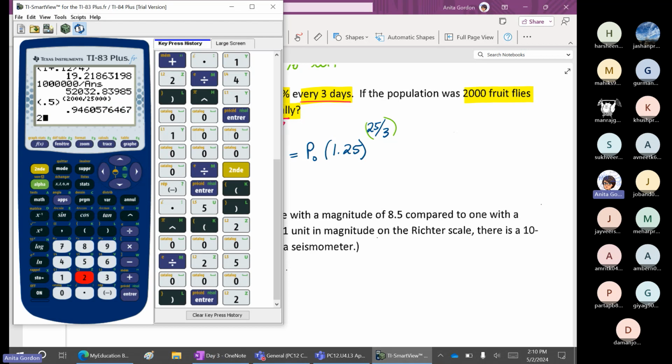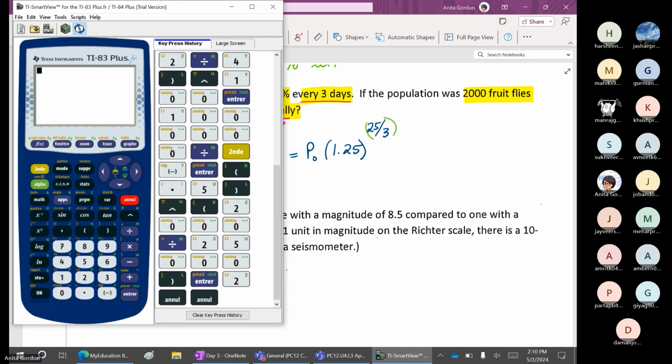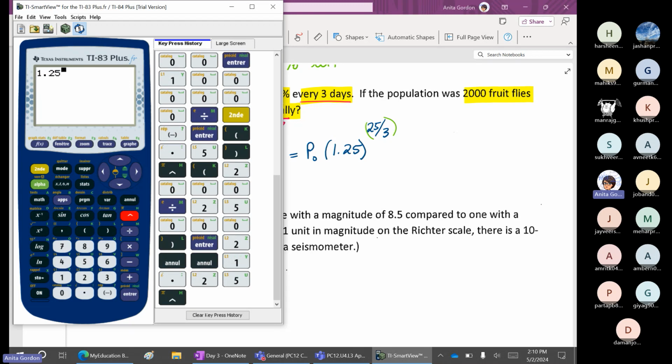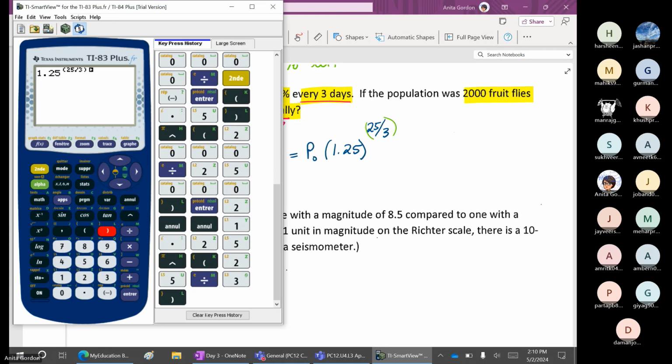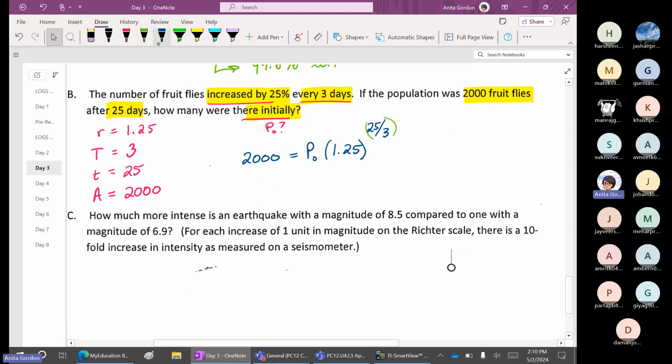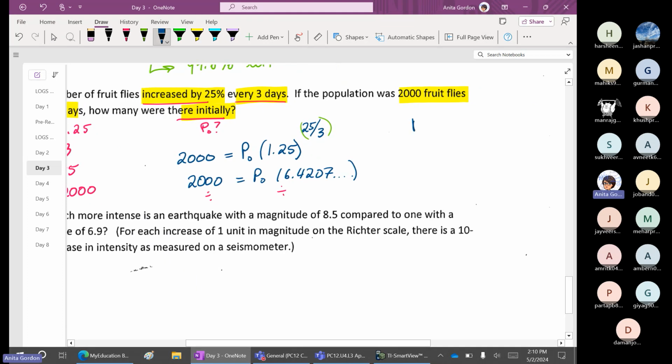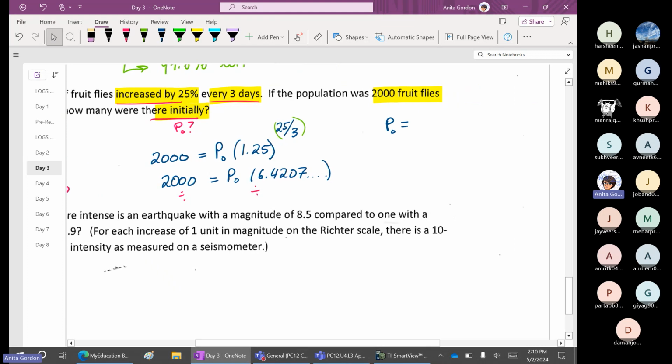So, 1.25 to the power of bracket 25 divided by 3, enter. 6.4207, and so on. 2000 equals P naught times 6.4207... What's my final move? Divide by this number, right? Tell me what you get.